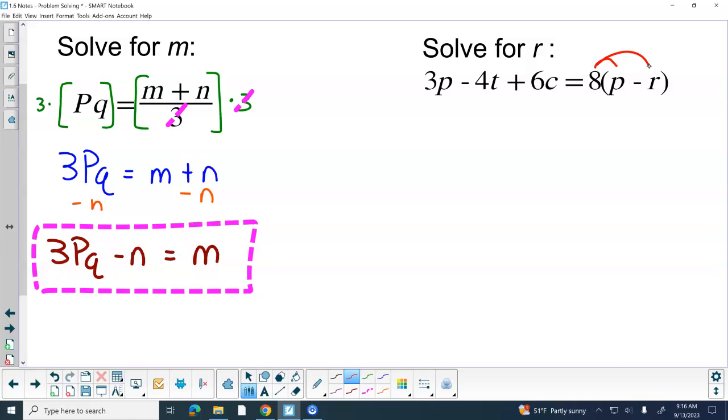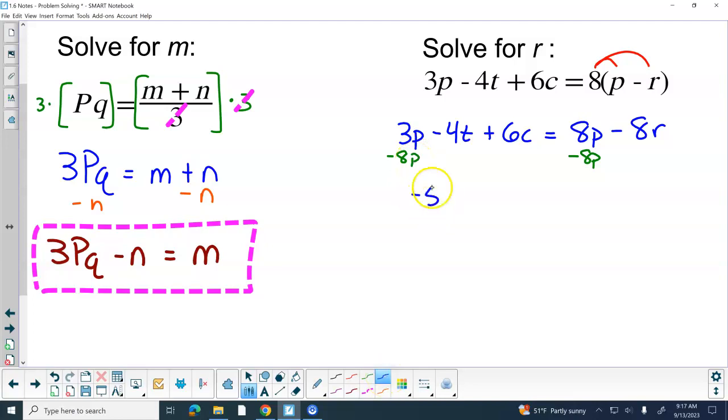So I can multiply in that 8, and so then that would give me 3p minus 4t plus 6c equals 8p minus 8r. And then I can subtract 8p from both sides.